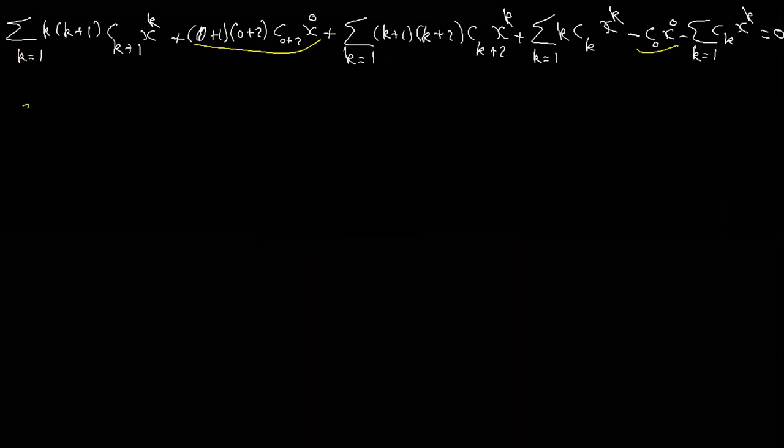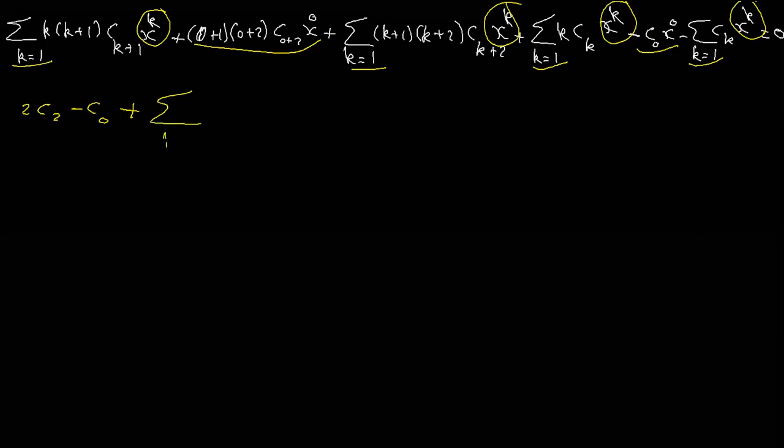So I have 2c2 minus the second one, it is only c0, plus. Now here x to the k, and also the same summation. So I can take the summation common factor, k equal 1, and x to the k common factor here.